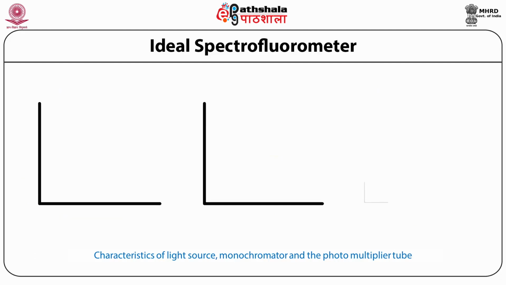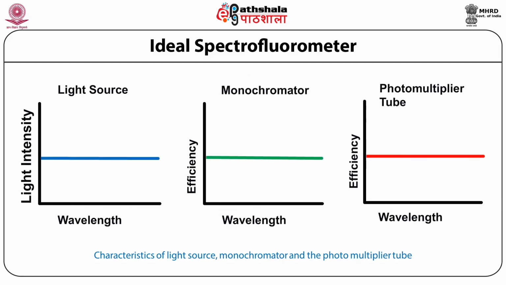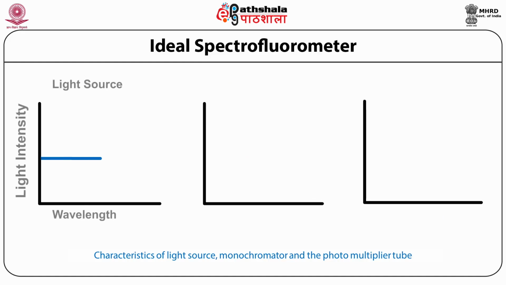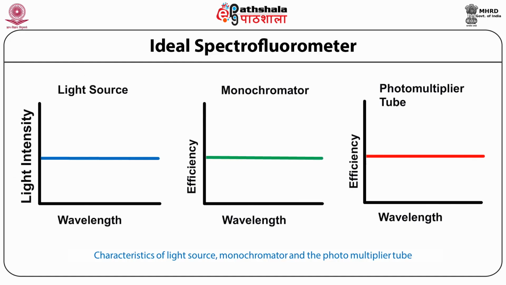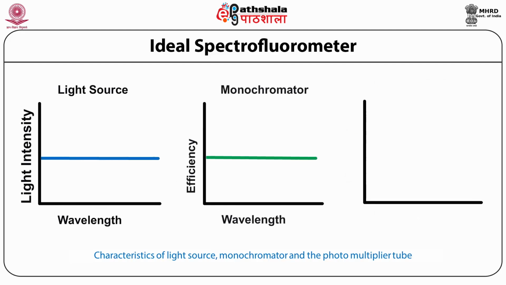Second, the monochromators must pass the photons at all wavelengths at equal efficiency. Third, the efficiency of monochromators must be independent of polarization. And fourth, the detector must detect photons at all wavelengths with equal efficiency.